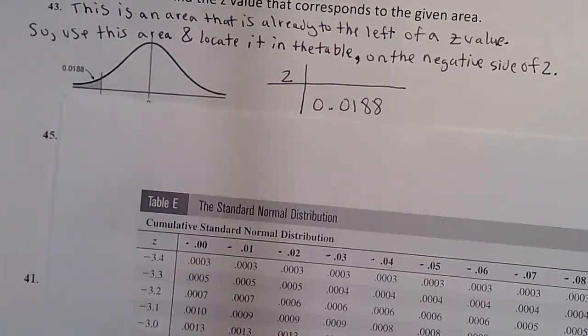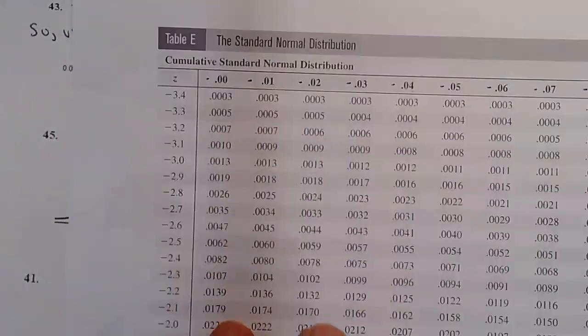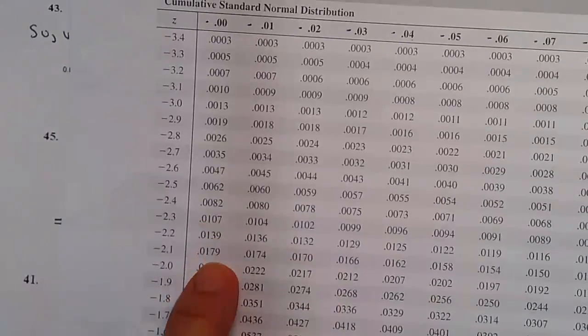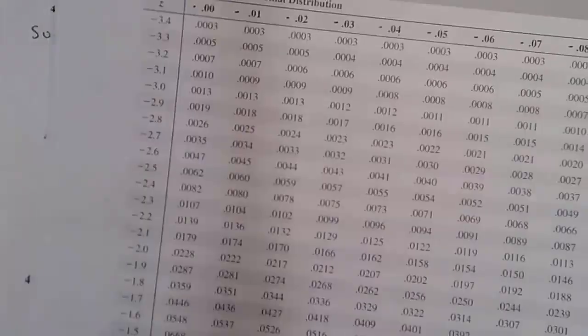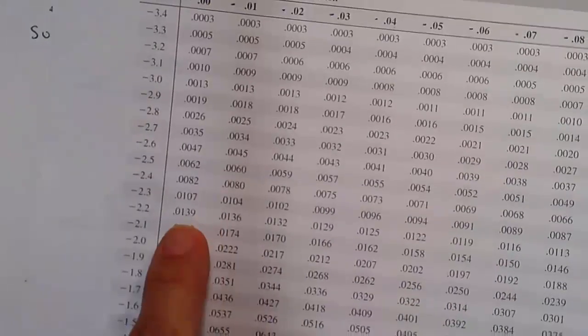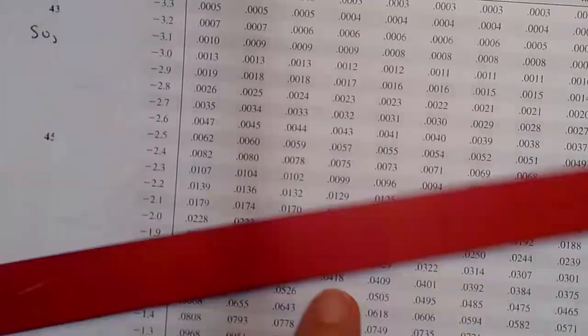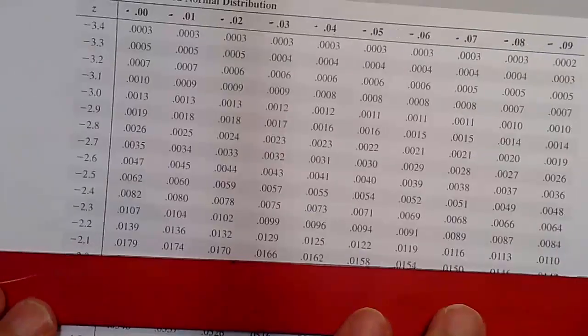So let me look for 0.01. Here's 0.01. You want 0.0188. You see here's 0.017, so maybe it's along this way.